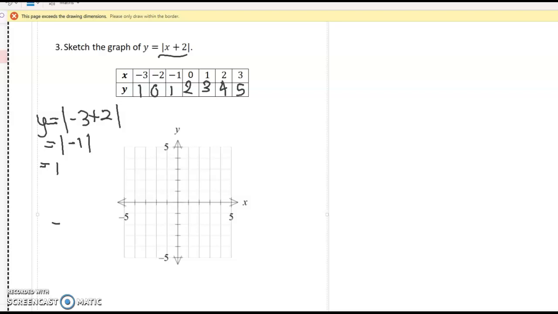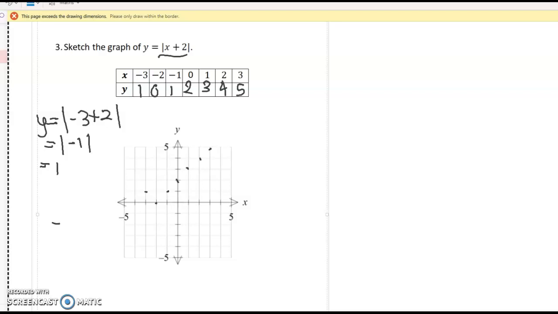Okay, so let's graph that. Minus 3, 1. Minus 2, 0. Minus 1, 1. 0, 2. 1, 3. 2, 4, and 3, 5.